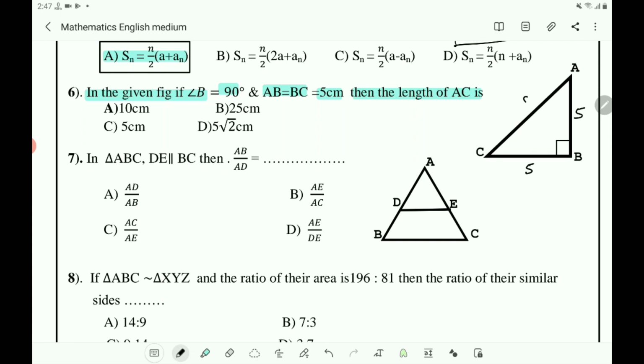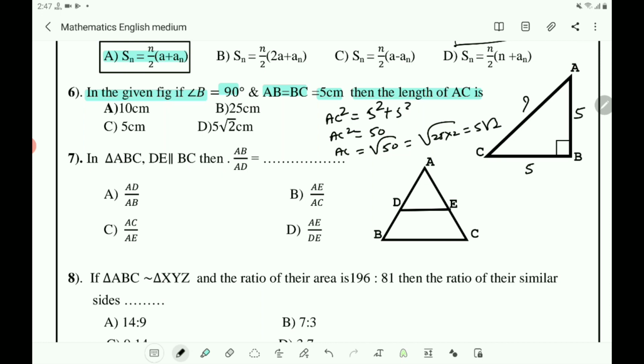If you apply the Pythagoras theorem, AC square equals 5 square plus 5 square, that is AB square plus BC square. Then AC square equals 25 plus 25, 50. Then AC equals square root of 50, which equals square root of 25 into 2, 5 root 2.